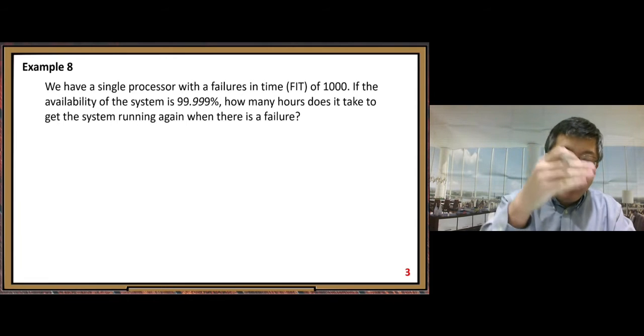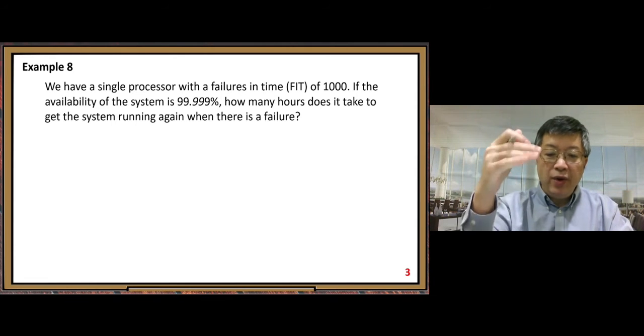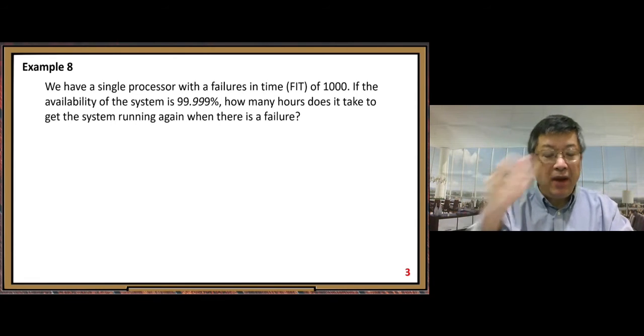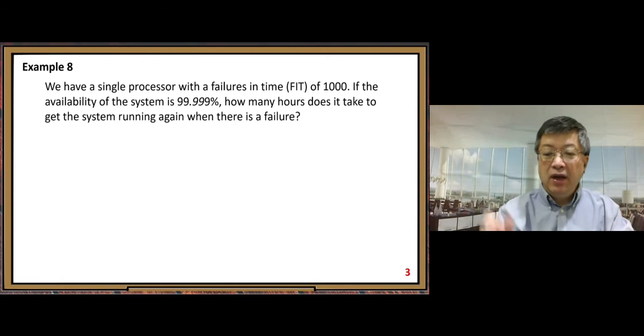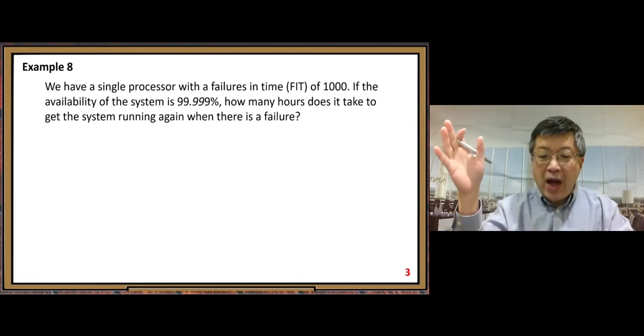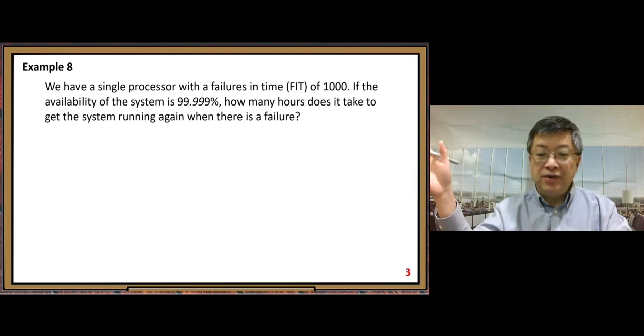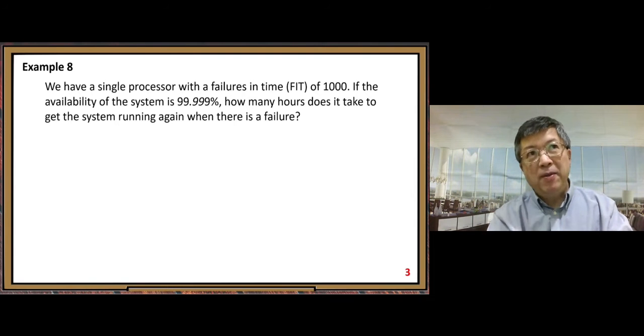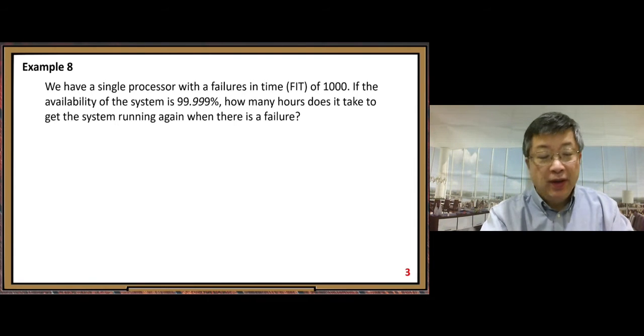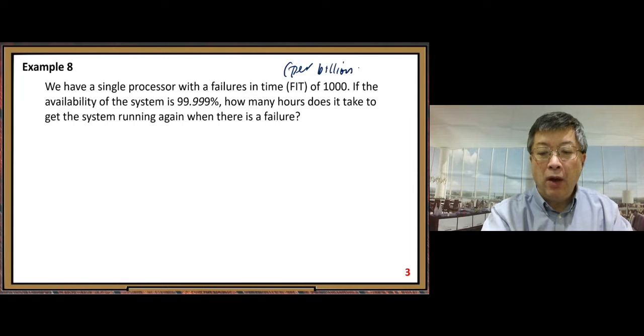Question. We have a single processor with a failures in time, FIT, of 1,000. Here, the background you need to use is that this is 1,000 per billion hours.